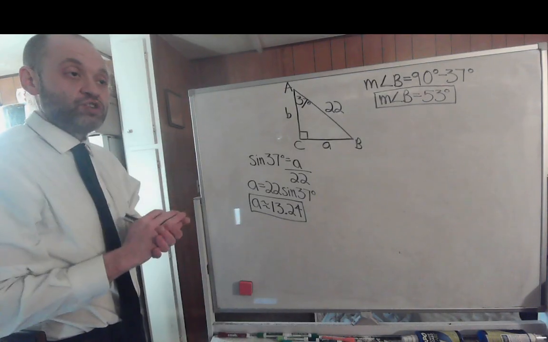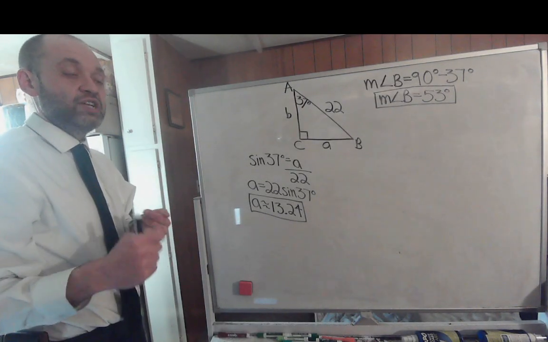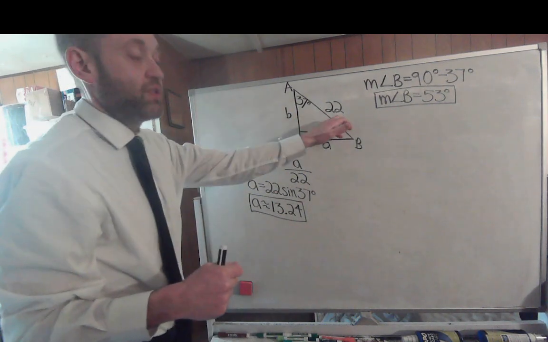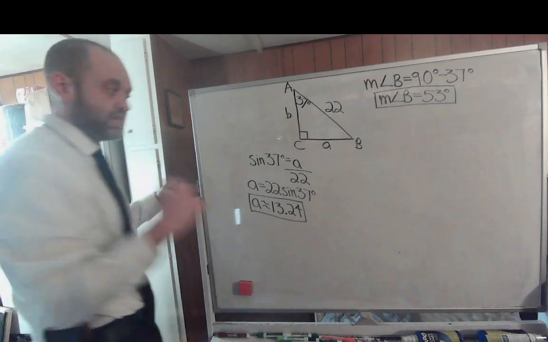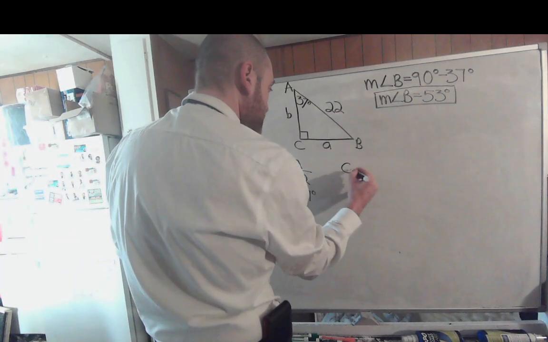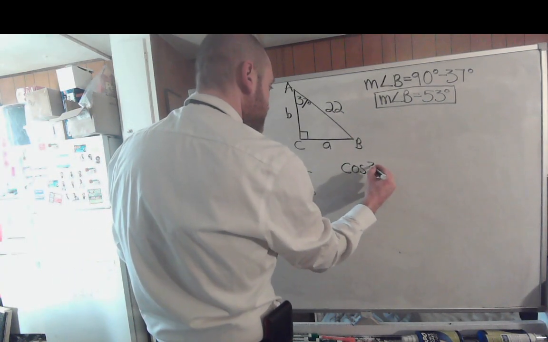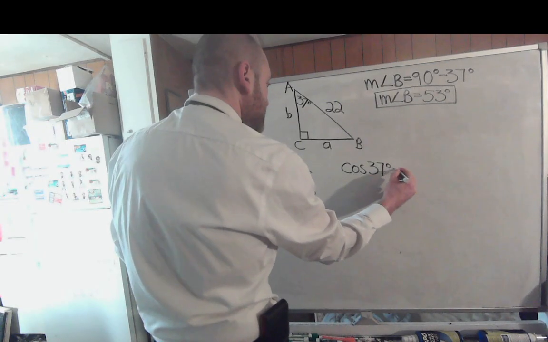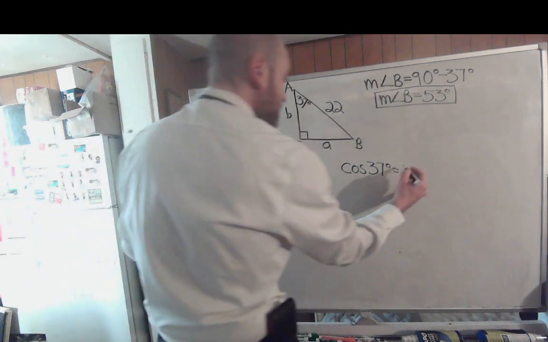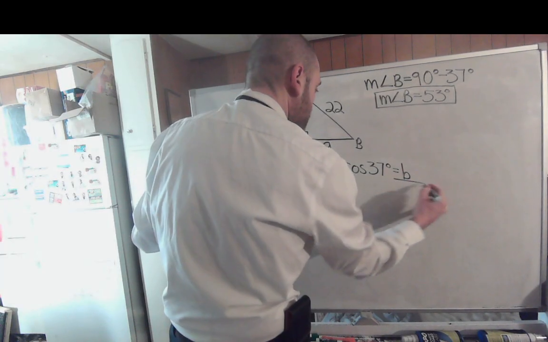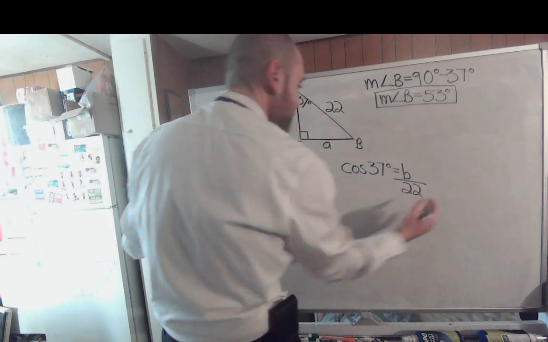Well, is there a trig function that recognizes the relationship between an adjacent side and the hypotenuse? Yeah, the cosine function does, right? So the cosine of 37 degrees is going to equal that adjacent side B over your hypotenuse, which is 22.